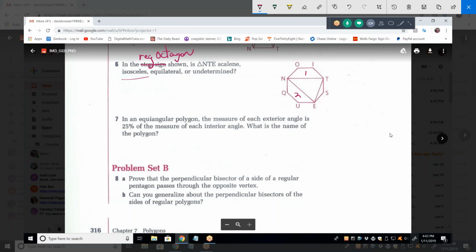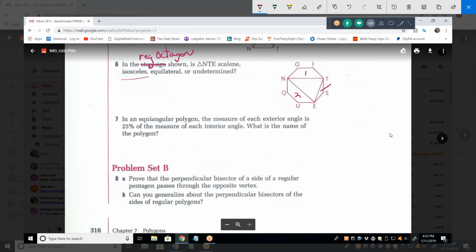Okay. Now, is there any way that TE is equal to NE or NT? No. If we compare that thing in there, which is not a trapezoid, it's a triangle.